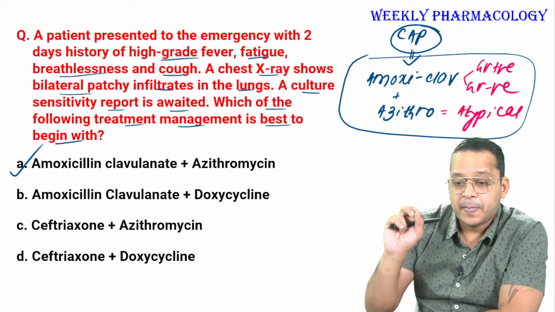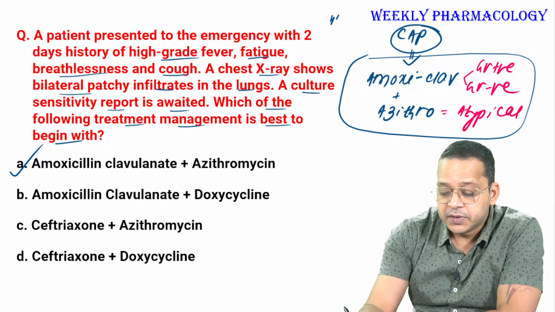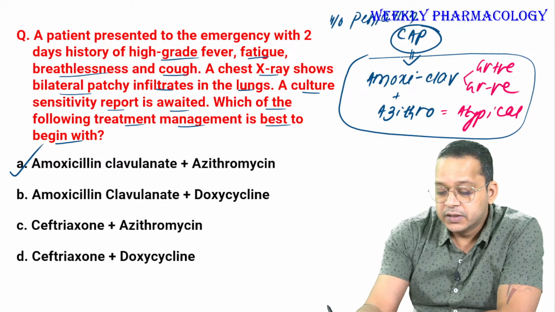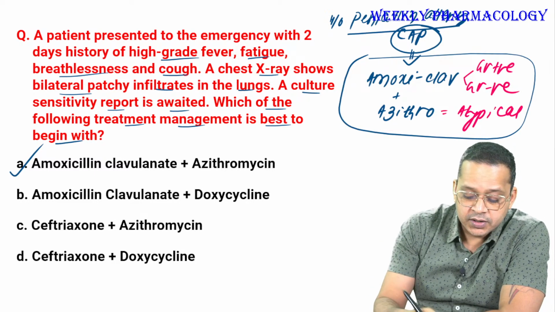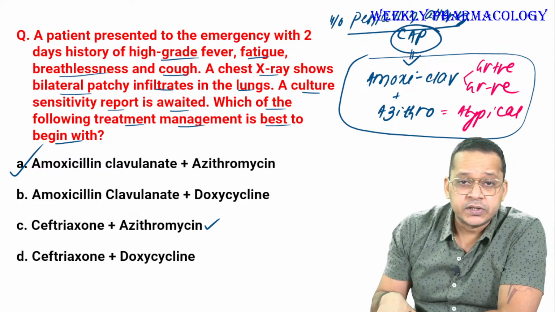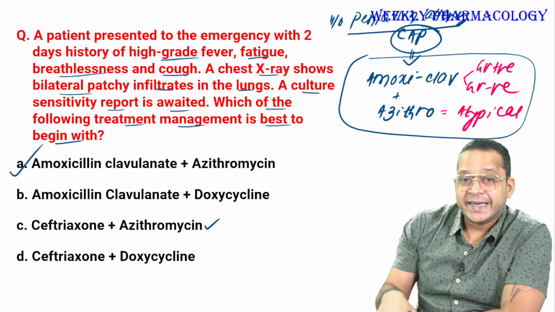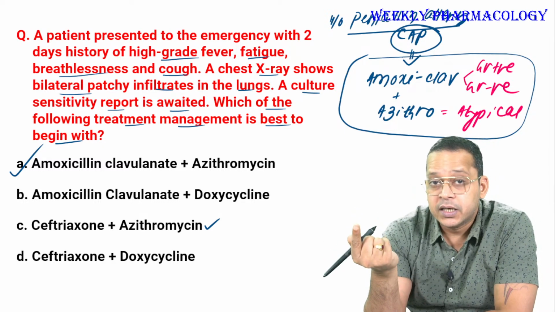Now see, if in this MCQ they would have given you a history of penicillin allergy, in that case you could try ceftriaxone plus azithromycin. Now, if the patient can tolerate, because some patients with penicillin allergy can develop ceftriaxone allergy as well.